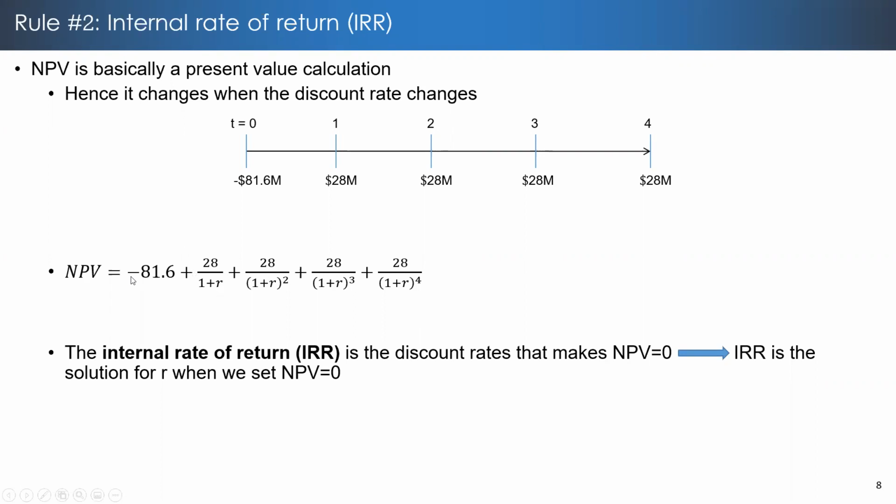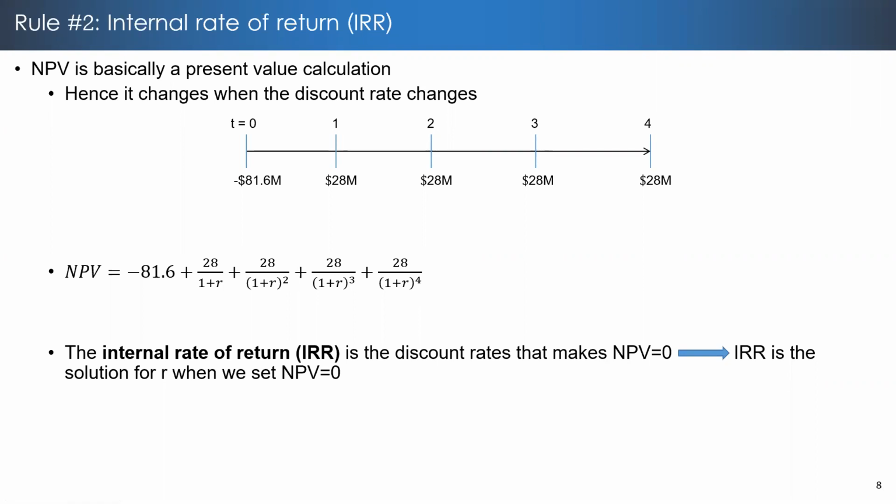Then we apply this formula to calculate the net present value. So if R equals 10%, we will reach something like $7.2 million, if you remember from the previous 2 slides.